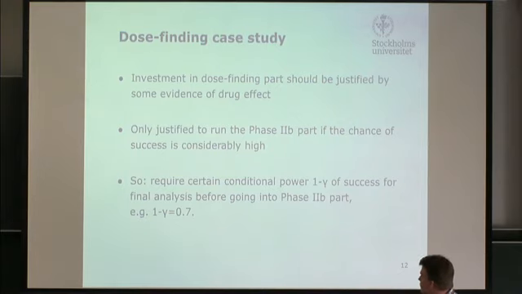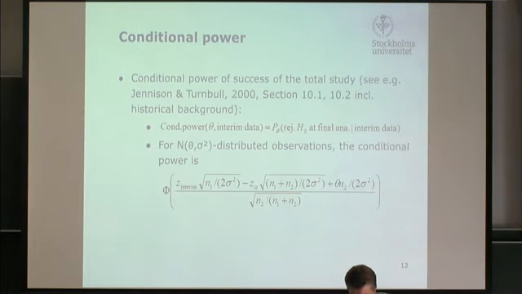What I mean with conditional power, some of you are very familiar, but I will anyway briefly define here what I mean. Conditional power is not specific to sample size re-estimation, and is a general concept which you can, for example, look up in Chris Jennison and Turnbull's book.